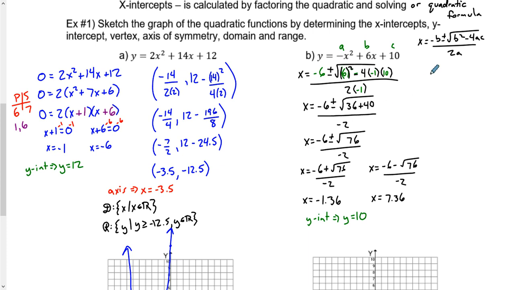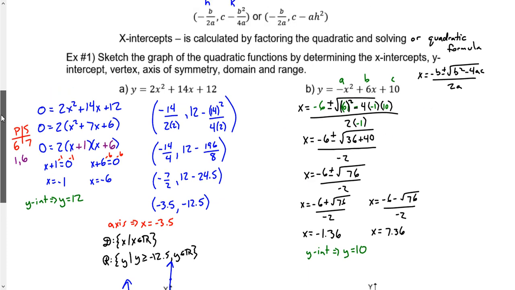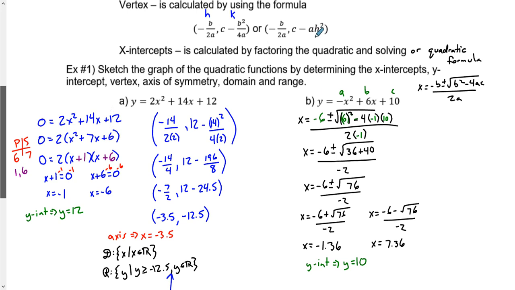To find our vertex, we're going to be using our formula. You could just use this one as well. Again, whatever answer you get here, you're going to have to plug into the h value. So -6. This one would work out really nicely. The c value is 10, subtracting b squared, 6 squared over 4 by a, which is -1.